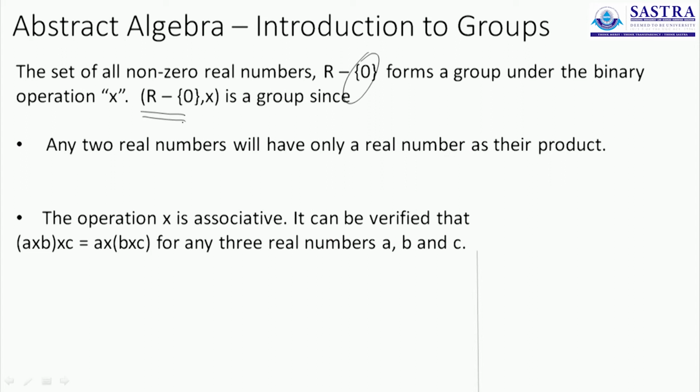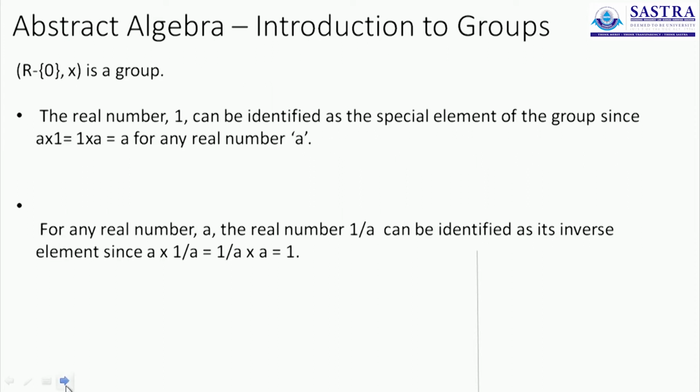Considering all non-zero real numbers, you will see that the set is closed, the operation is associative, there is the multiplicative identity 1. Remember, we are multiplying, and therefore my special element is 1, not 0. And for every non-zero real number, we always have the multiplicative inverse defined very clearly.